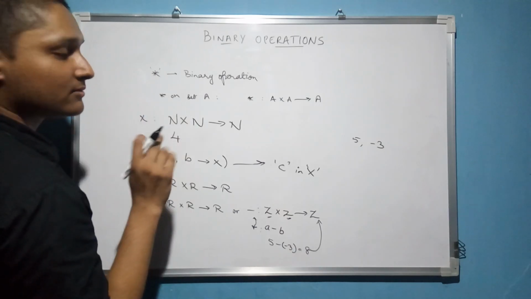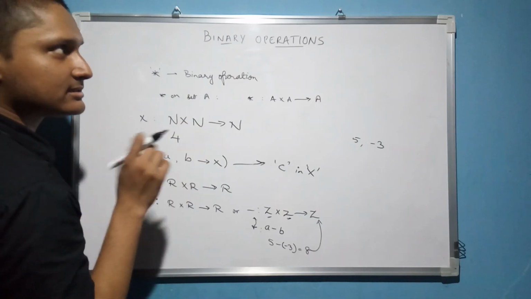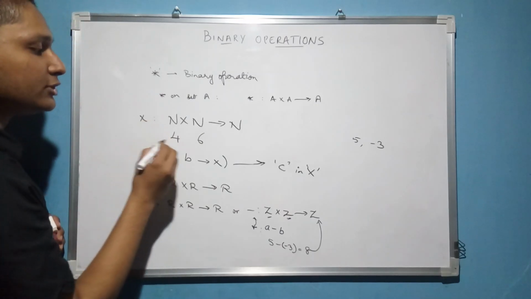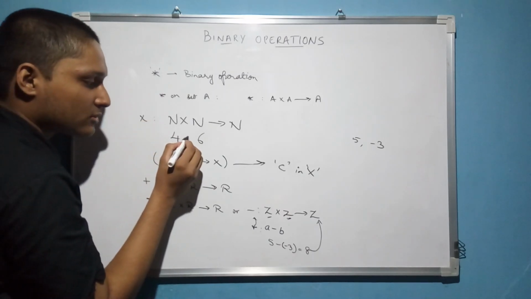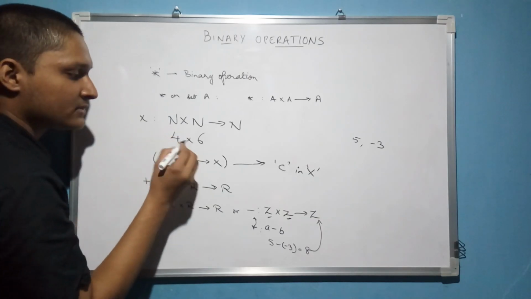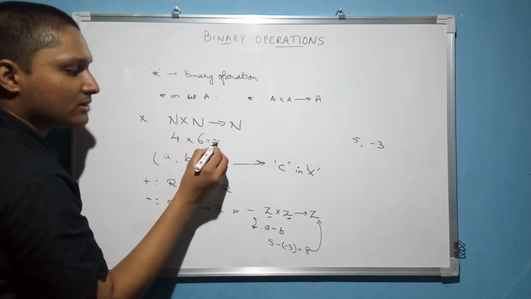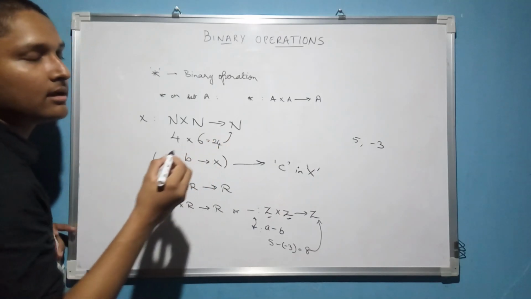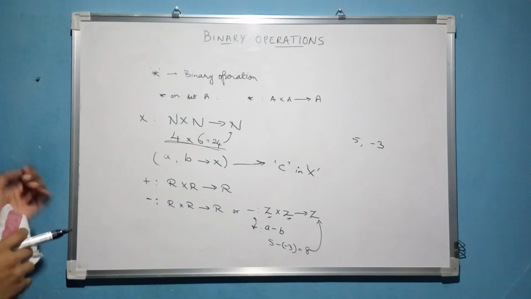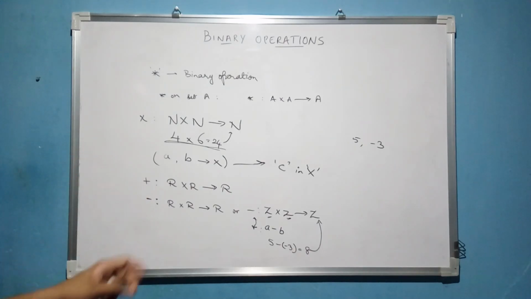Another natural number from this set is 6. So the operation says that you need to multiply both the numbers. So I need to do 4 into 6 in this case. This is into, not the cross one. So 4 into 6 is equal to 24. 24 also belongs to this set N. That's why this is also an operation that you are applying across the two numbers, 4 and 6.